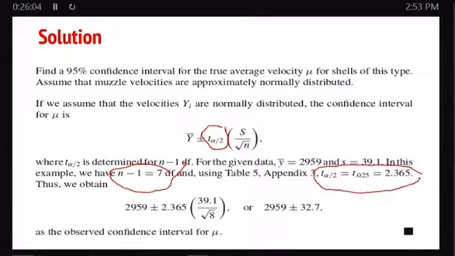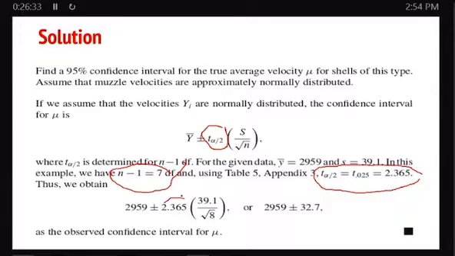Alpha itself is going to be 5%, 0.05. If I divide 0.05 by 2, that will be 0.025. So I need to go to the statistical table, specifically the T table. I'm going to check 0.025 under the degrees of freedom 7, and that will give me 2.365. Now I'm going to plug that in here.